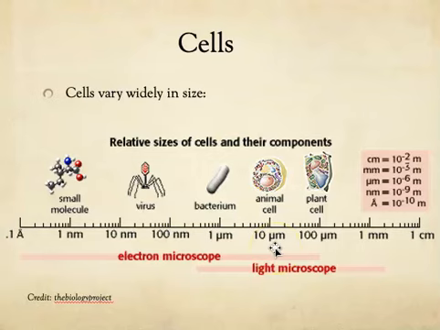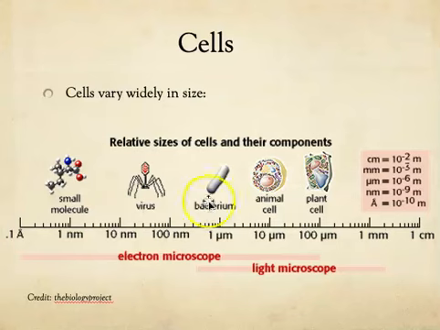Plant cells are a further 10 times larger than animal cells. So again, in general, plant cells are much larger than animal cells, and animal cells are much larger than prokaryotic cells, bacteria and archaea.